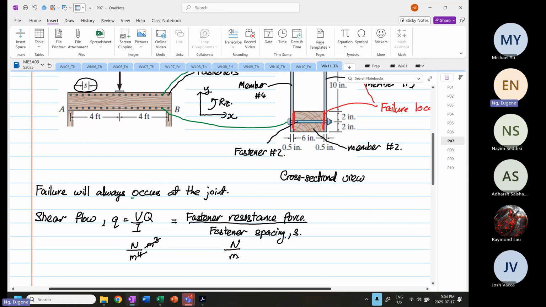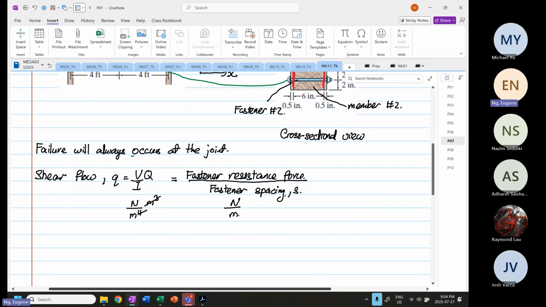The units are the same. Now, the next thing that we ask ourselves is how to determine the fastener resistance force.